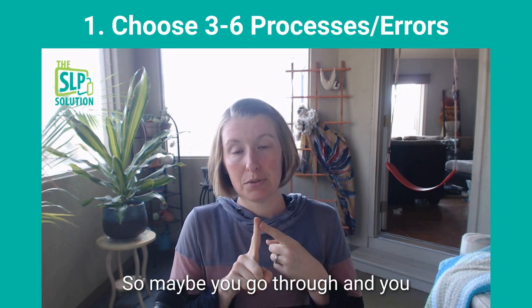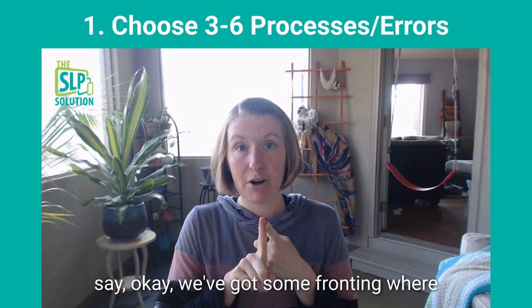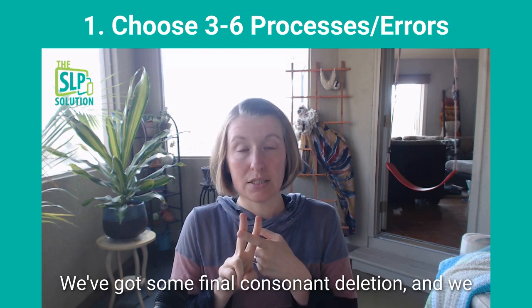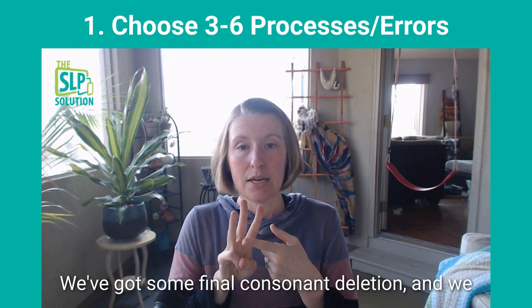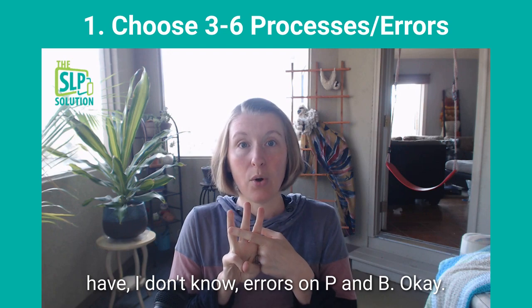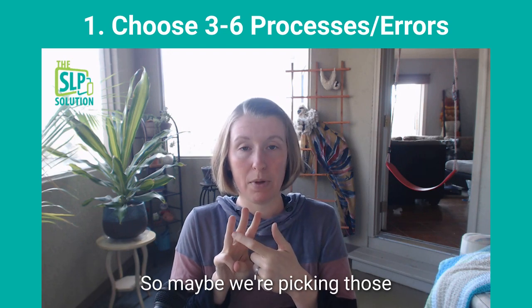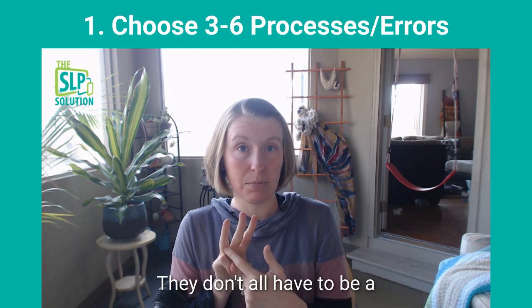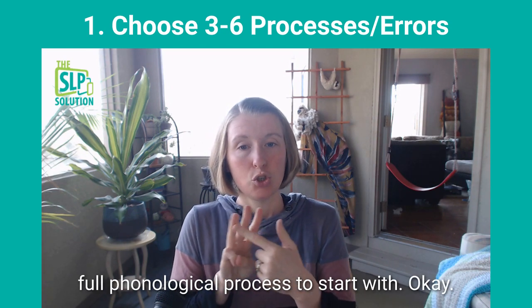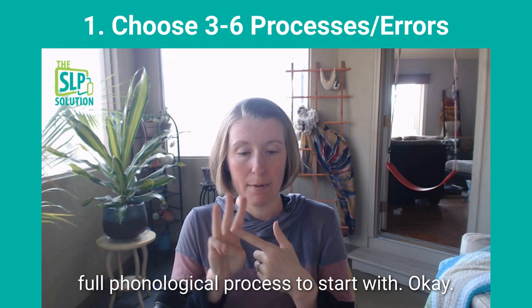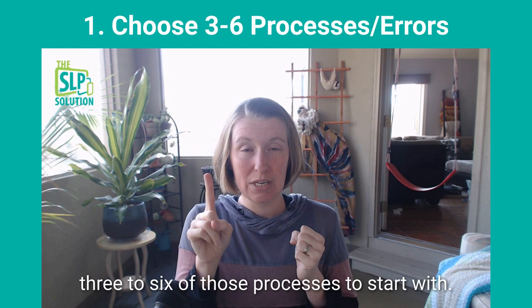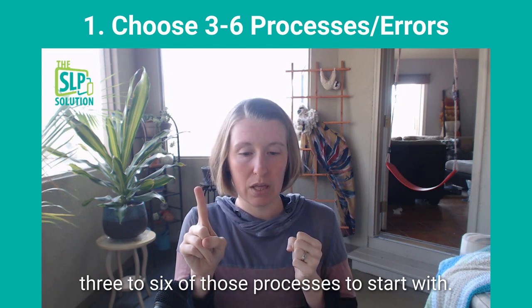Maybe we've got some fronting, where they're taking back sounds to the front, some final consonant deletion, and errors on P and B. Maybe we pick those as our three processes. They don't all have to be a full phonological process to start with. So step 1 is to choose 3 to 6 of those to start with.